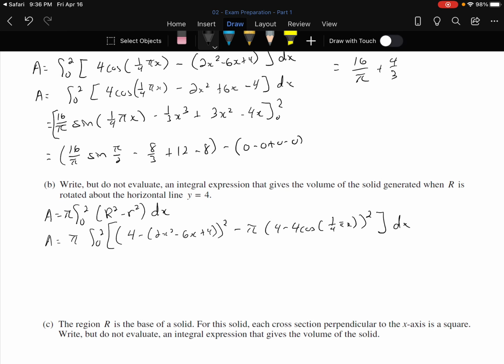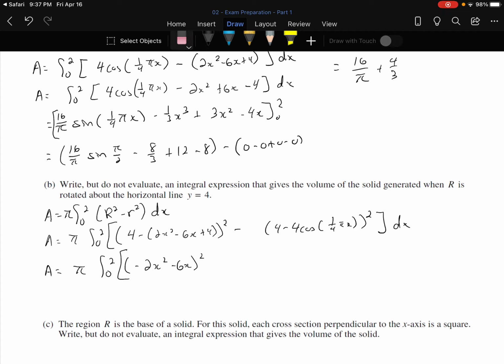And it says write but do not evaluate, but maybe I can do a little better here. Pi integral 0 to 2, tidy up that bracket. So there's a minus 4 in there, so negative 2x squared minus 6x, all squared. Oh, that needs a square bracket. That's the big R squared. And then, oh, hang on. On that line, I didn't need that pi.